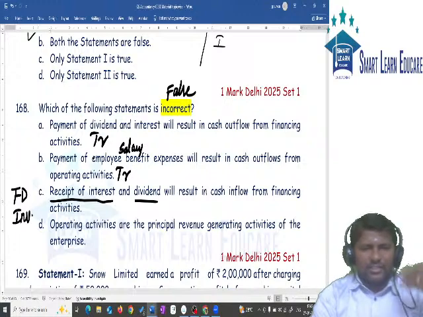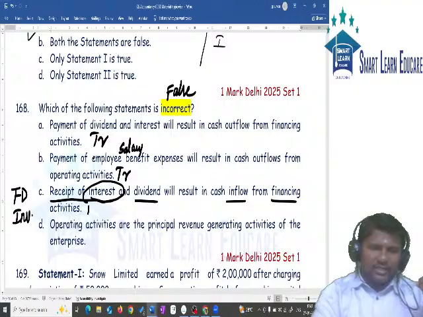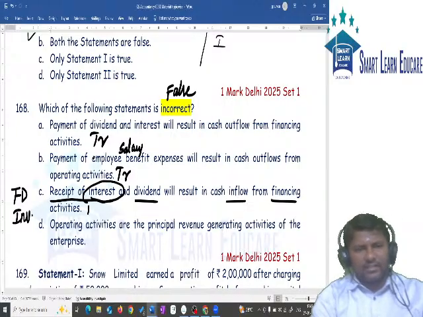So dividend received and interest received will come under what activity? Financing activity, they are telling, as an inflow of cash in the normal course of business.